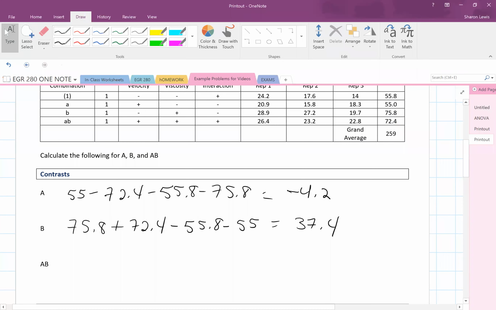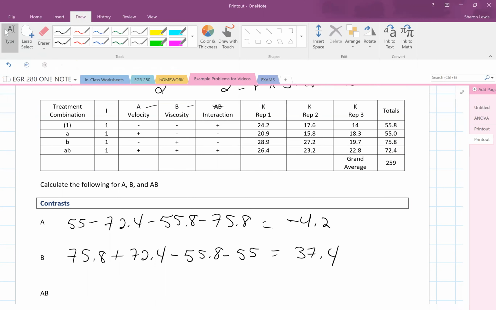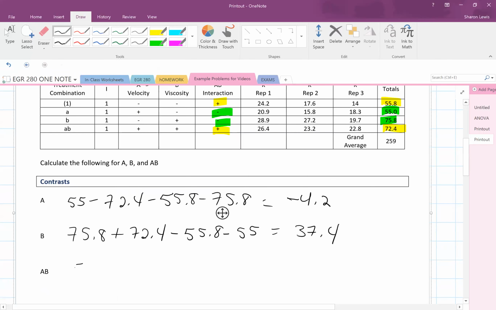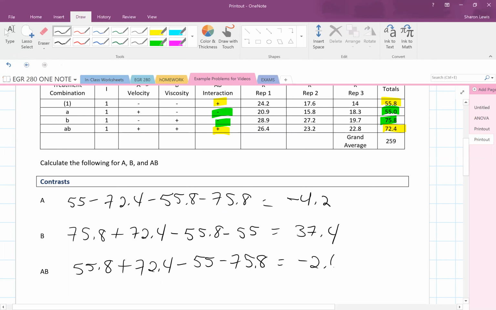Then to finish, for the AB interaction, these are the high ones, and the low ones are these 2. So high minus low, we've got 55.8 plus 72.4 minus 55 minus 75.8, and that is negative 2.6. So those are the contrasts.